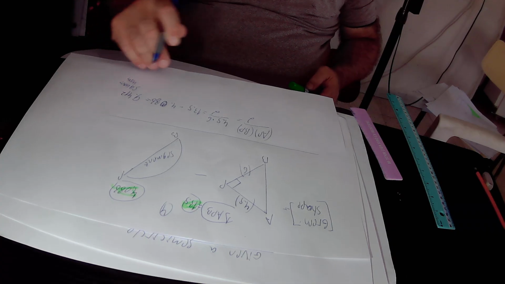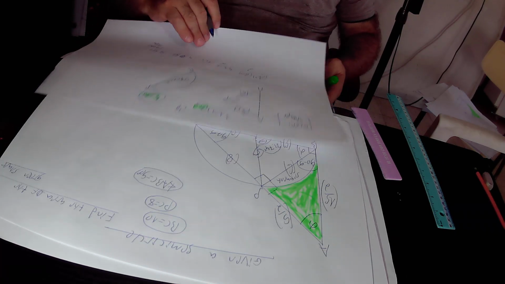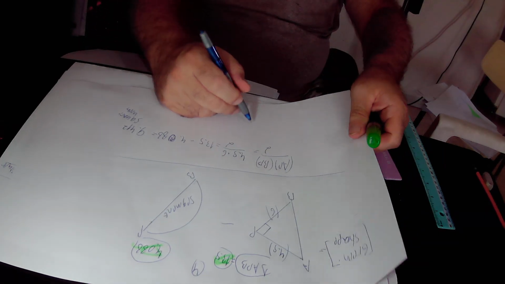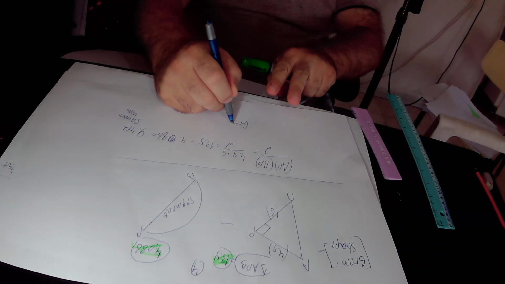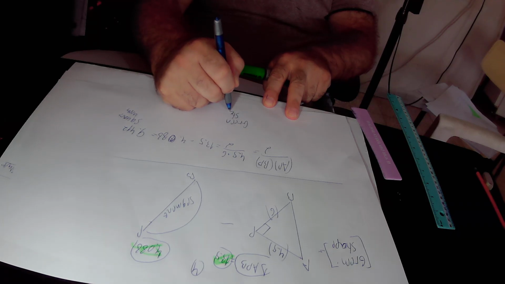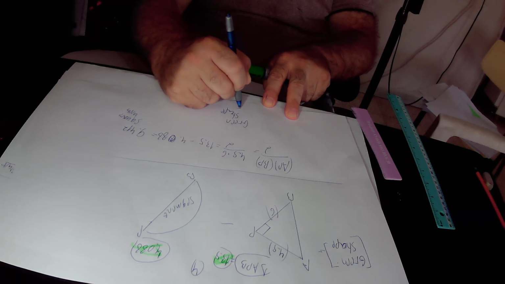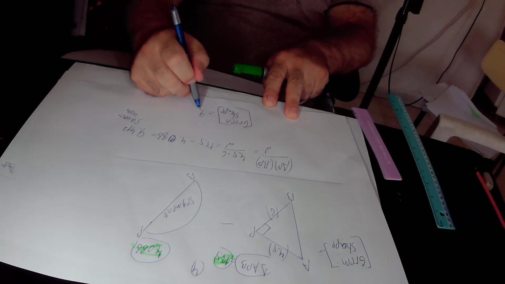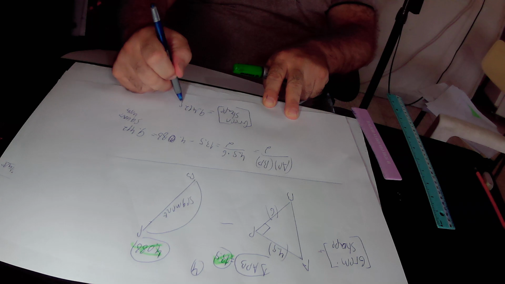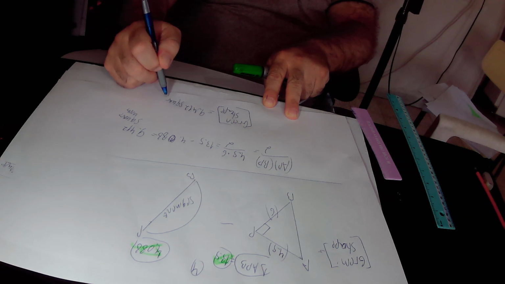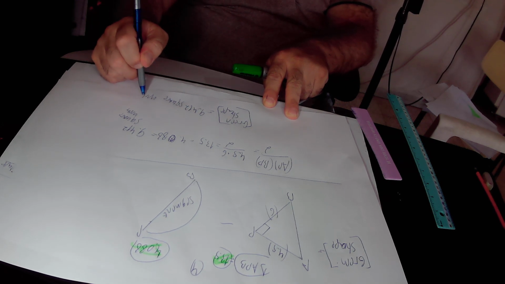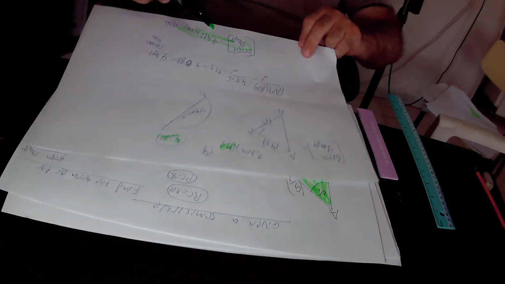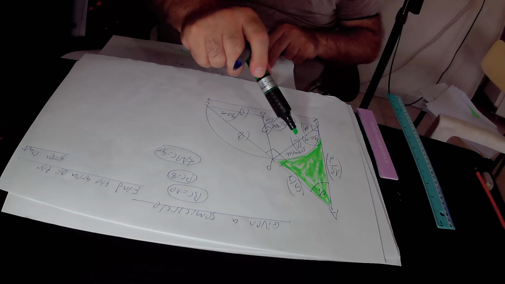So we found out that the area that we are looking for in this question, that is the area of this green shape, is equal to 9.412 square units. Again, the area of this green shape is equal to 9.412 square units.